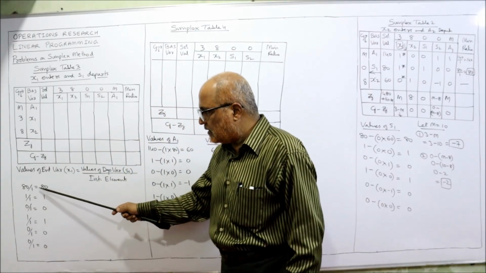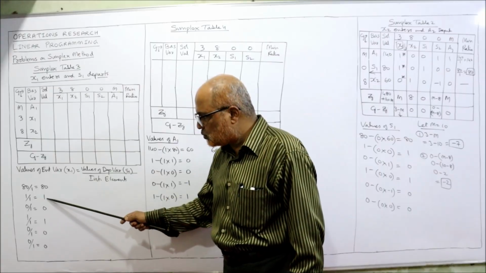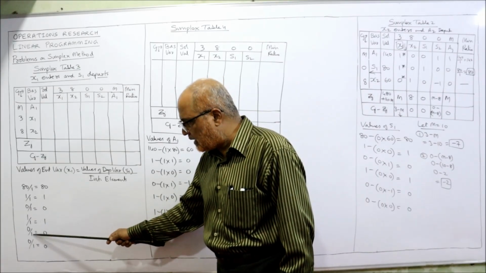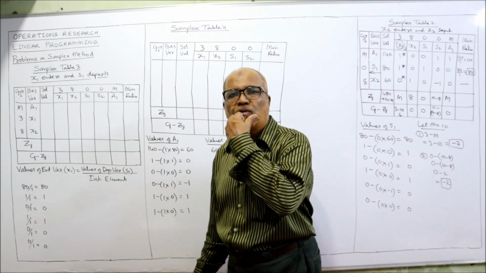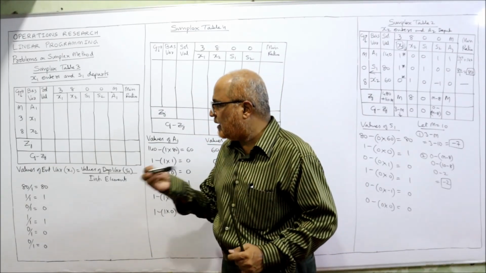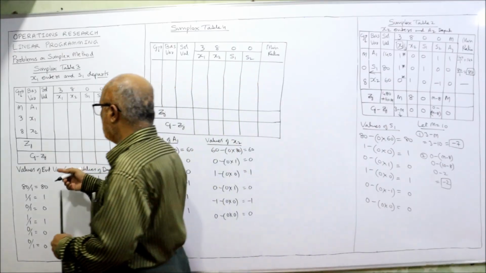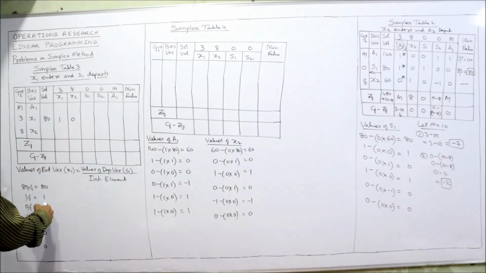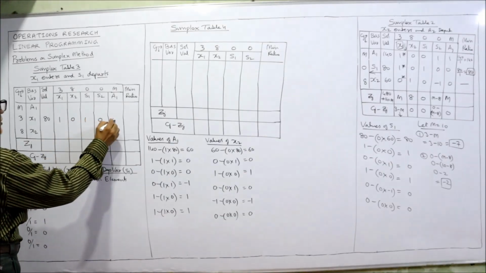So 80 by 1 is 80. 1 by 1 is 1. 0 divided by 1 is 0. 1 by 1, 1; 0 by 1, 0; 0 by 1, 0. So we got the values of the entering variable x1. I will note down the values: 80, 1, 0, 1, 0, 0.